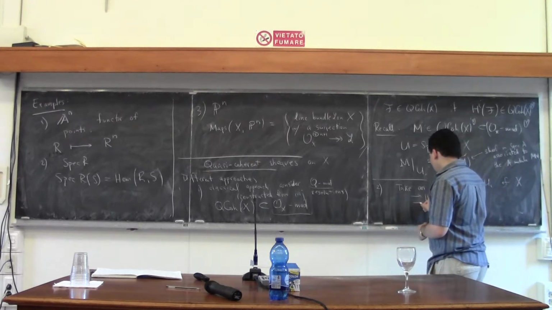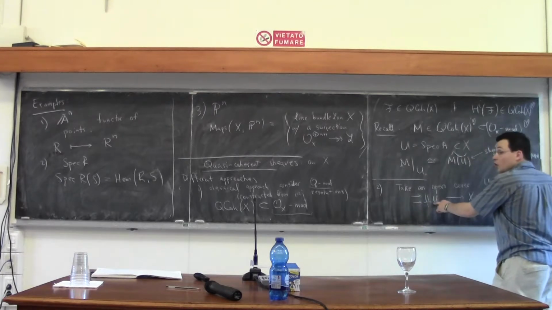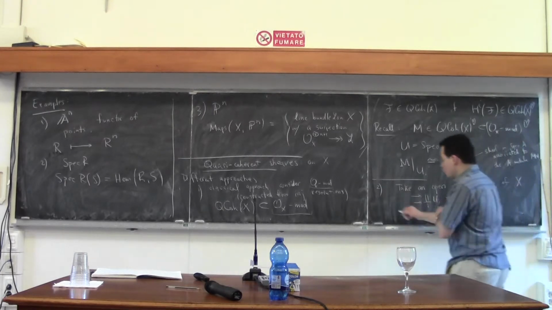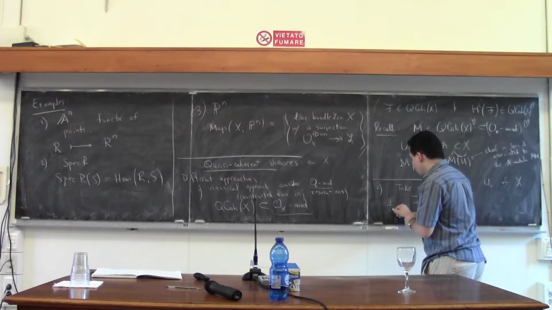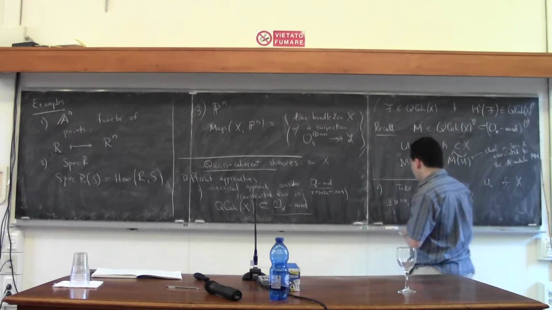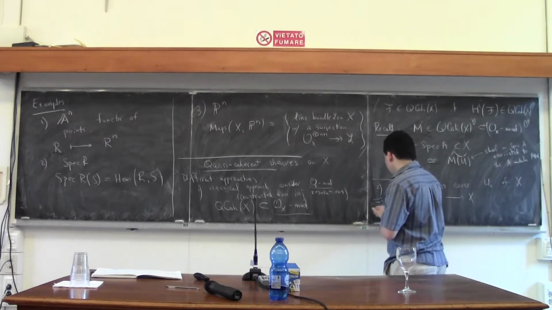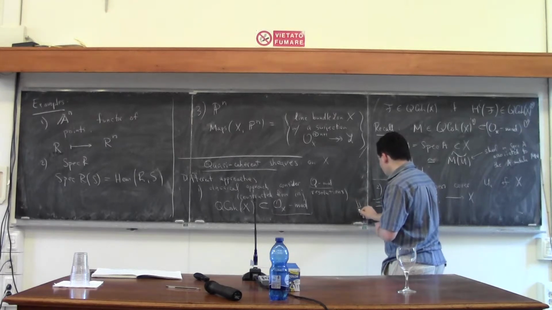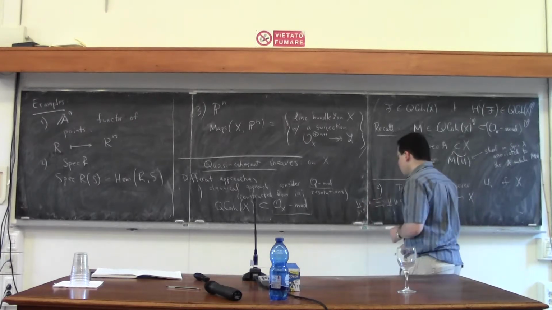We can take the twofold intersections, U_i intersect U_j, and then the threefold intersections, U_ijk, and so on.